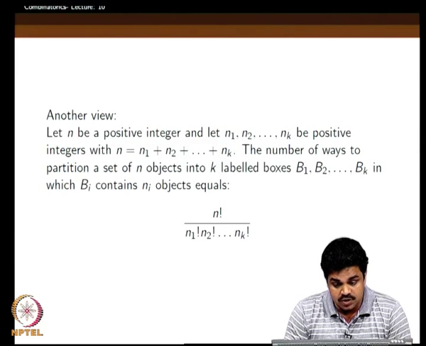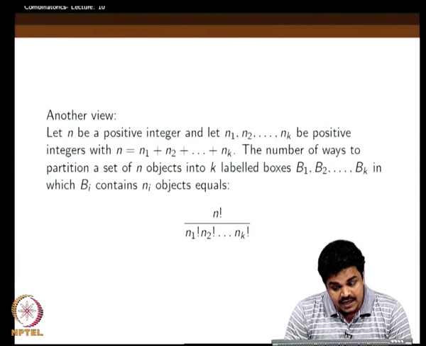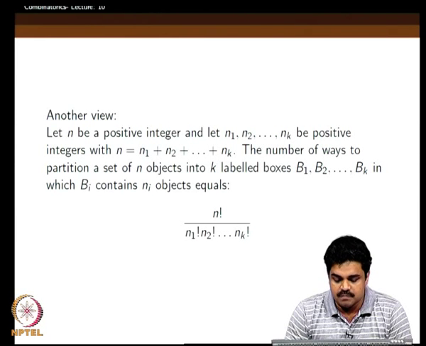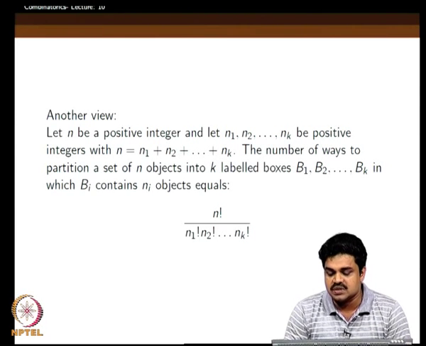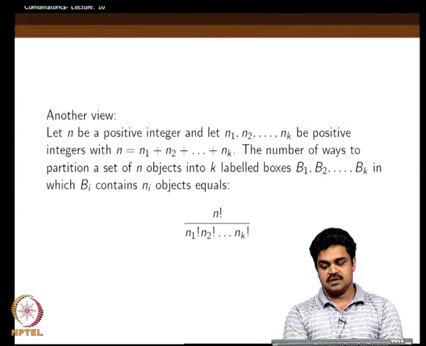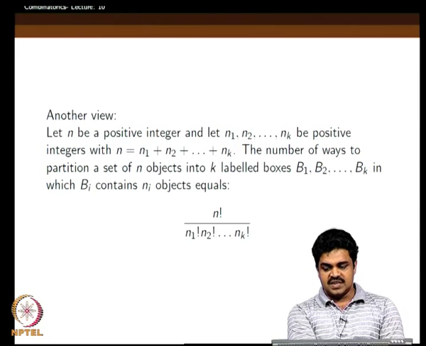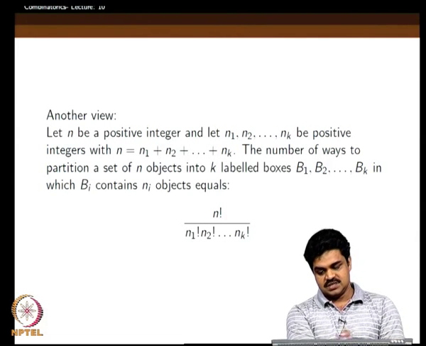I mean, adding together all the repetitions, the cardinality of the multiset is n, and there are k types of objects in it. The first type is n1, the second type is n2, the last, the kth type, is nk, and how many ways can you order these objects of the multiset in a list? With the entire multiset, how many ways can you permute? This was the question.